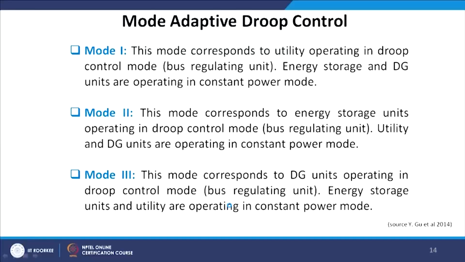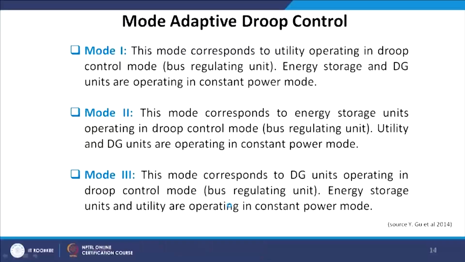Mode 1, the first way of operation, corresponds to the utility operating in droop control mode, while energy storage and DG are operating in constant power mode. In mode 2, the energy storage operates in droop control mode, whereas utility and DG act in constant power mode.